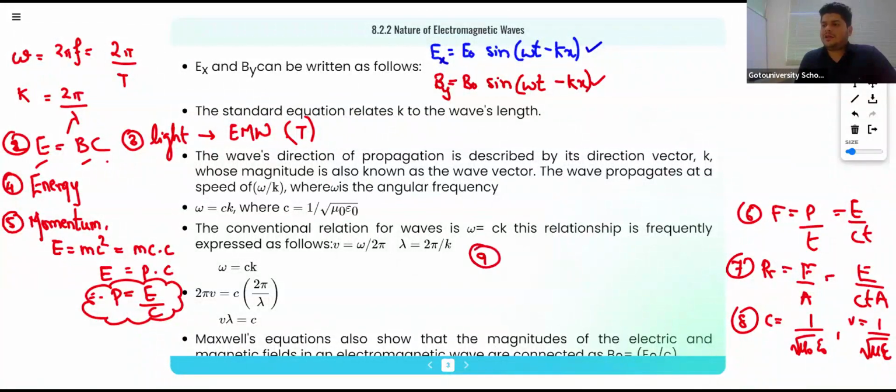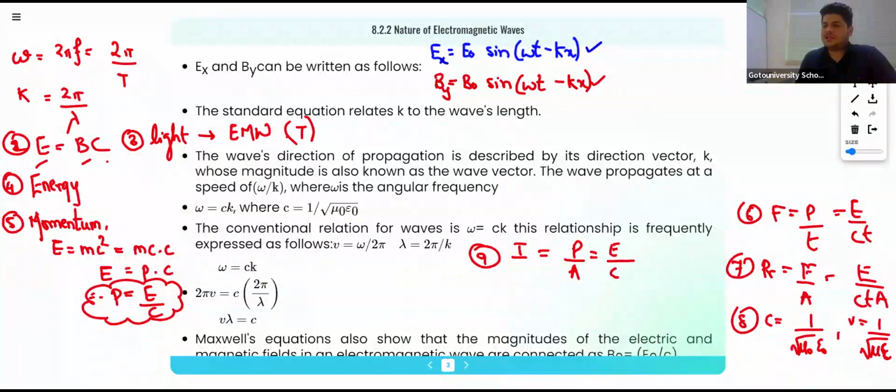What about the ninth one? Ninth is, if you want, you can divide and you can get the value in terms of permittivity. Then the ninth one was intensity. What was intensity? Intensity was P upon A. What is P?